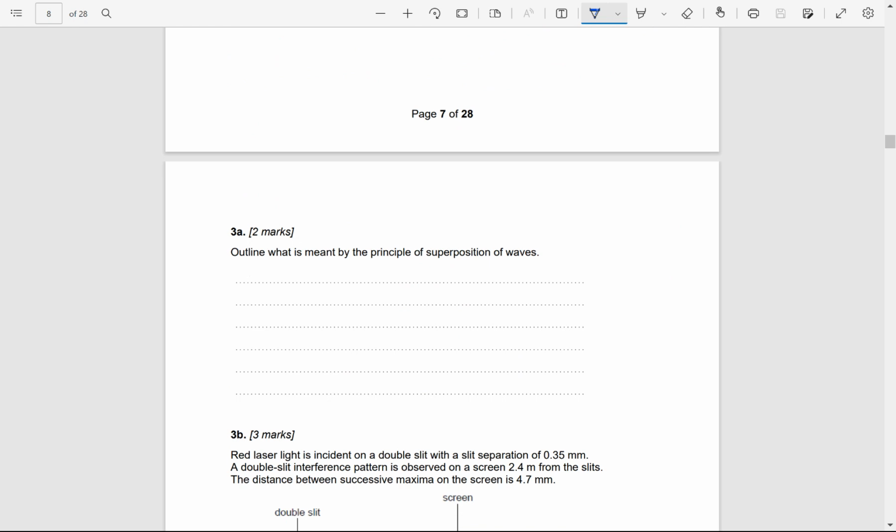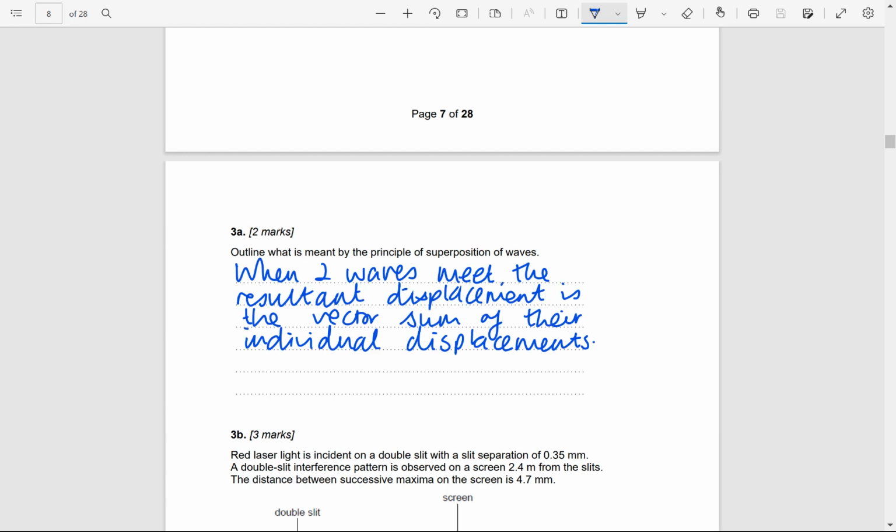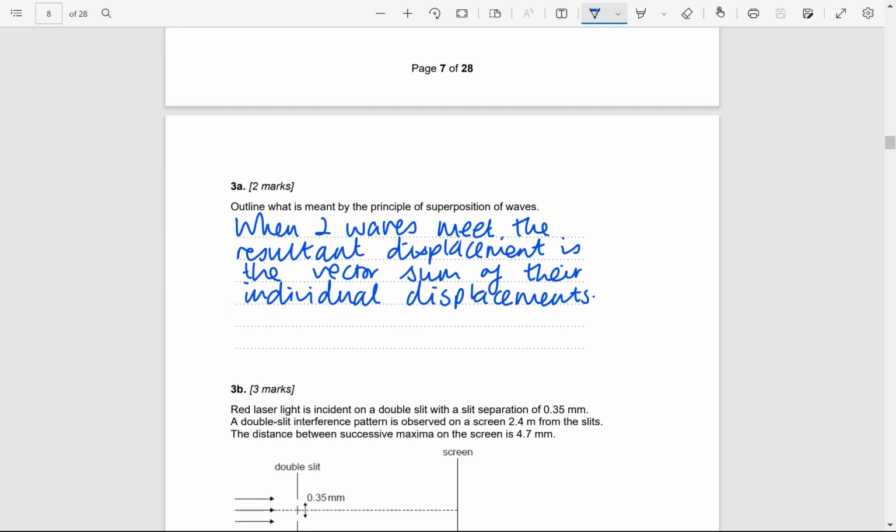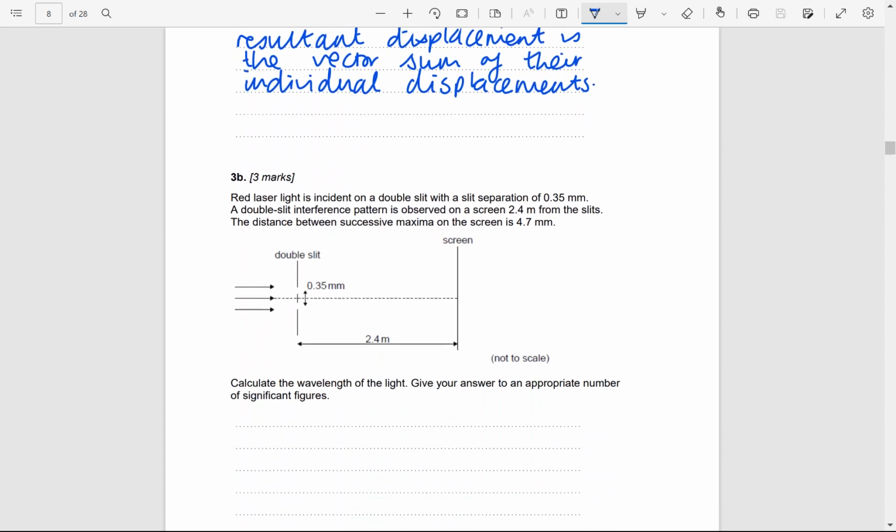The principle of superposition of waves is that when two waves meet, the resultant displacement is the vector sum of their individual displacements. So I'm just going to pause the video and then write that down for you. So when two waves meet, the resultant displacement is the vector sum of their individual displacements.